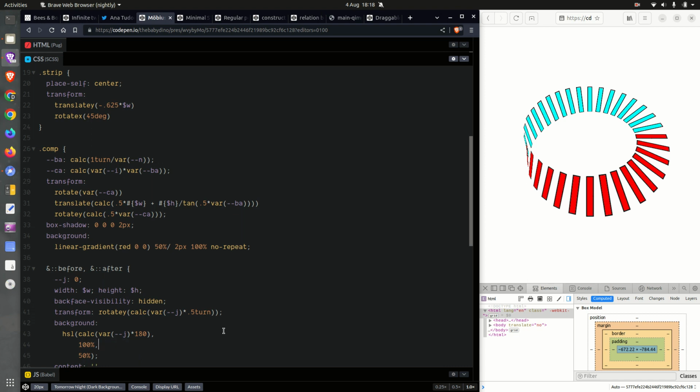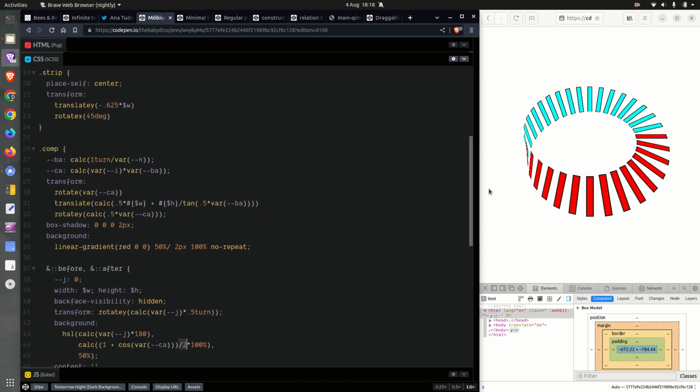Right? We are going to have calc, and here we are going to have 1 plus cosine of the current angle multiplied, first divided by 2 and then multiplied with 100%.